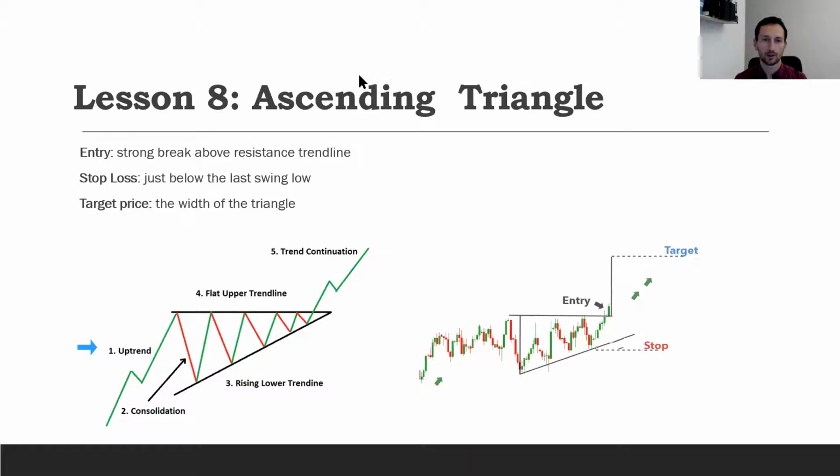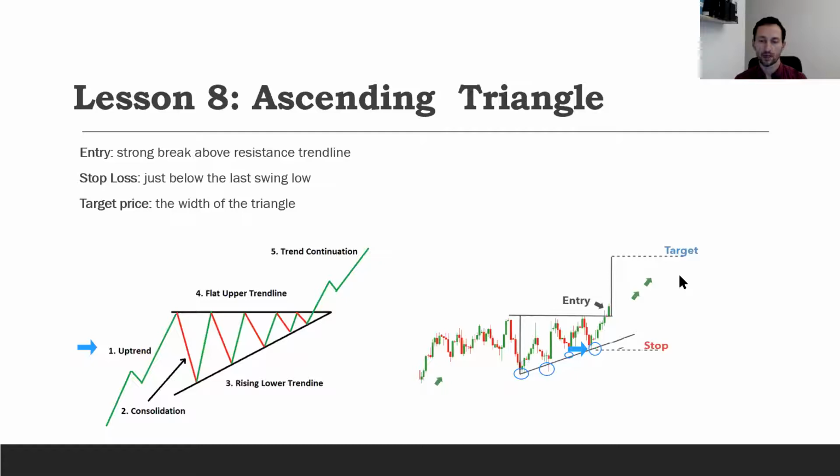If you look at the pattern here, the swing lows were higher here, higher here, higher here, and this was the last swing low before the breakout. So when you enter the trade, you would put the stop loss just below the last swing low.